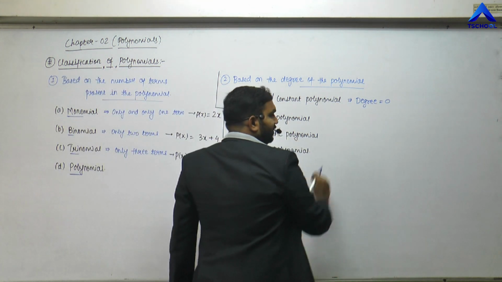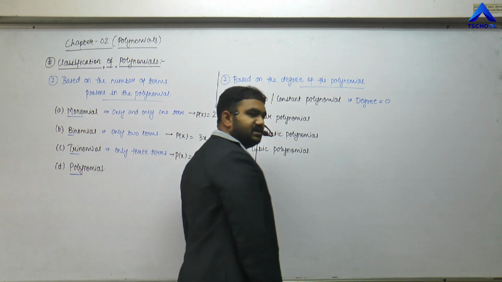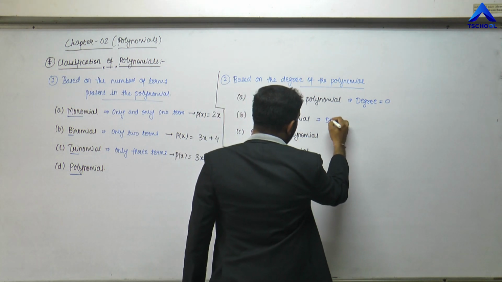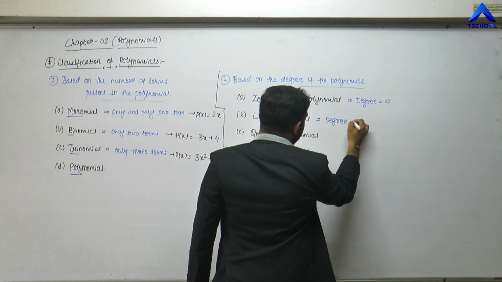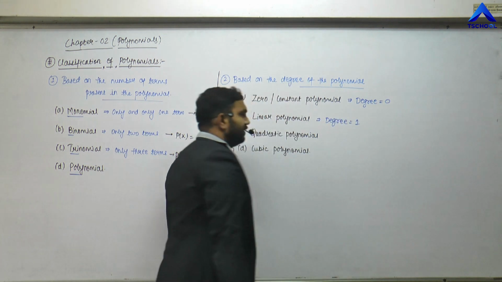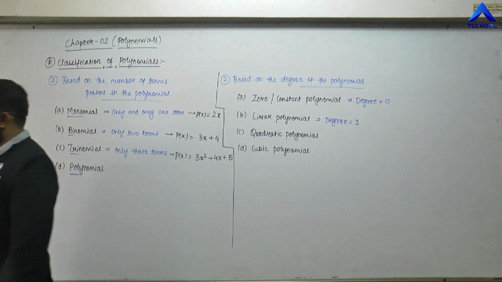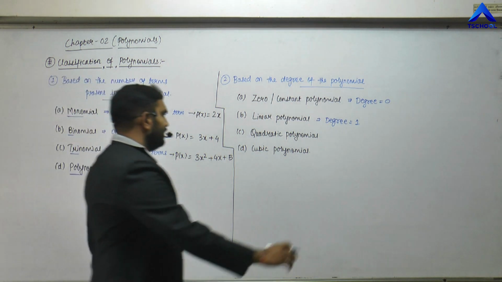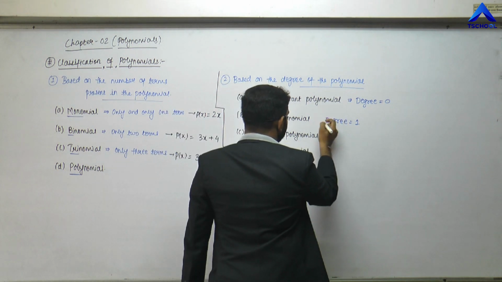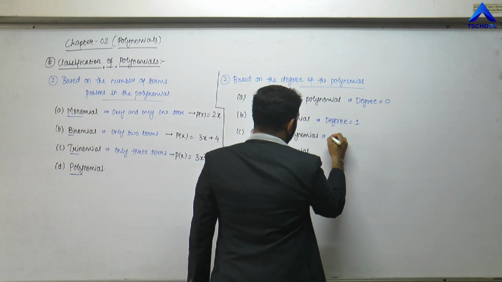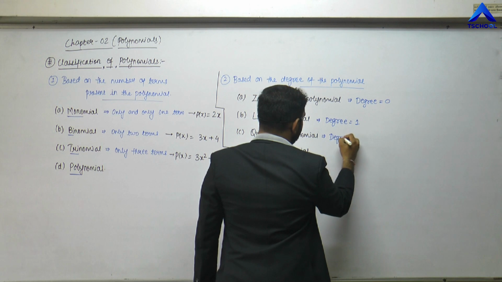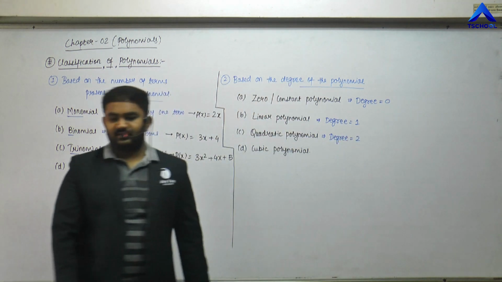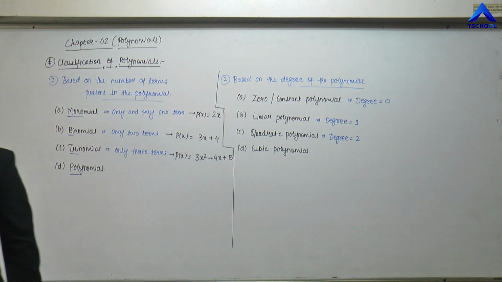Then the second one, linear polynomial, is a polynomial of degree 1. Then the third one is the quadratic polynomial. If the degree of the polynomial is 2, then it is known as a quadratic polynomial.